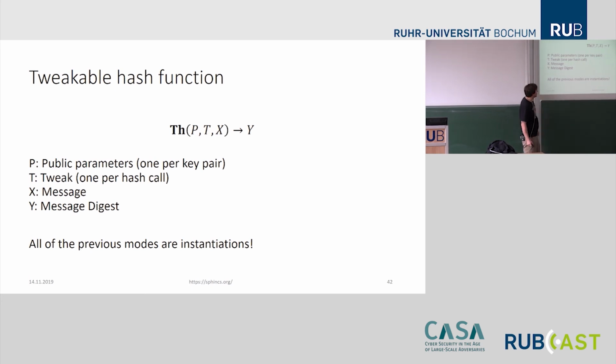One part are the public parameters, which are really kind of the function description. And then we've got a tweak, which is different for every hash function call, and you can think about it as a nonce. Or in Sphinx, we actually use an addressing scheme, and every tweak essentially encodes the position of this hash function call in the virtual structure of the Sphinx tree signature scheme graph.